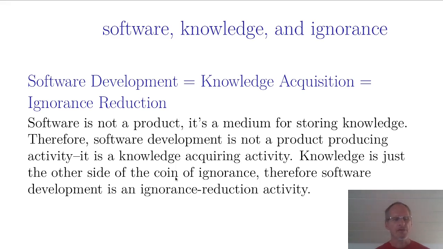I haven't looked it up recently, but what it says is that software development can be seen and should be seen as a knowledge acquisition activity. And if we view software development as a knowledge acquisition activity, we can look at knowledge acquisition from a slightly different perspective. And from that slightly different perspective, knowledge acquisition is ignorance reduction.